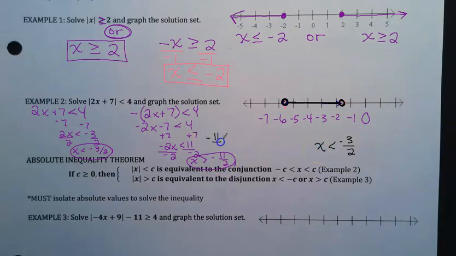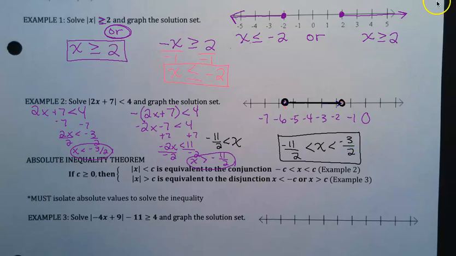So we write negative 11/2, flip the sign to rewrite it, is greater than x. That way it can be like, oh, this needs to come over here, to see that they connect. So we know negative 11/2 is less than x, and x is less than negative 3/2. So sometimes you have to reorder them so that you can see how they connect and how you would write the final one.